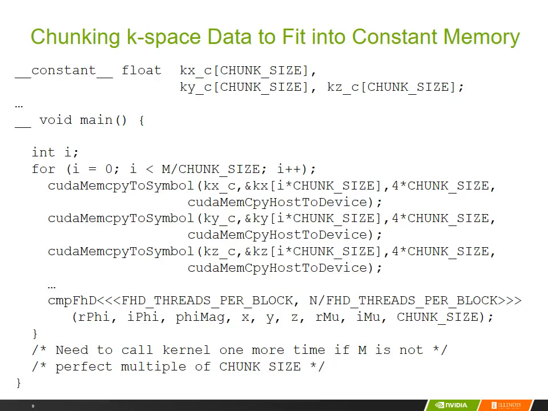This creates a for loop where in each iteration, we take a chunk of kx, a chunk of ky, a chunk of kz, and we use cudaMemcpyToSymbol to copy that chunk into kx_c, ky_c, and kz_c.